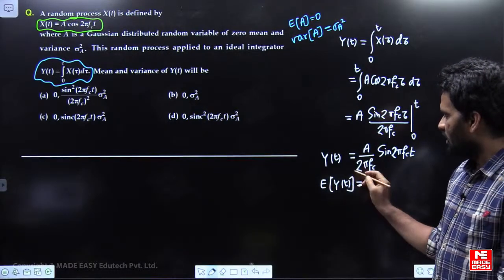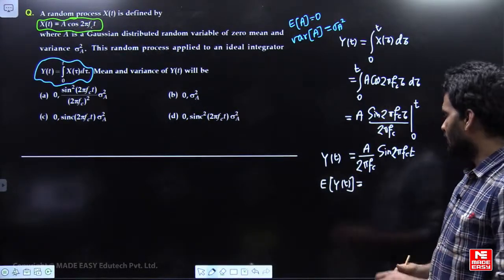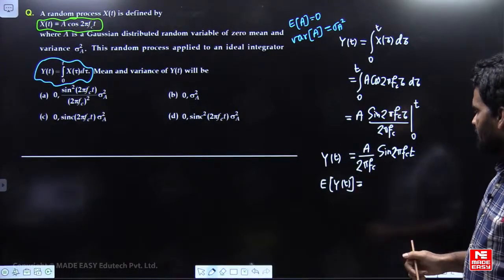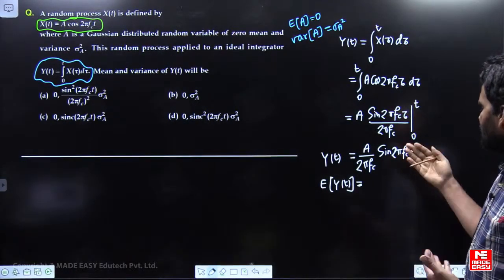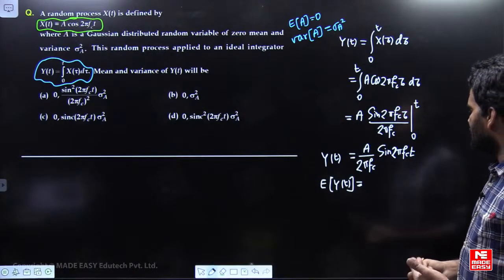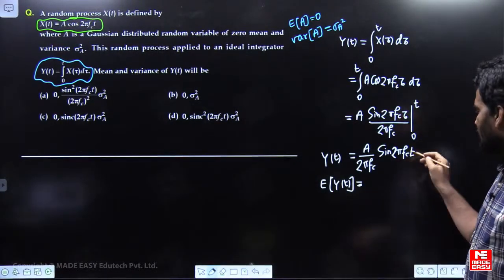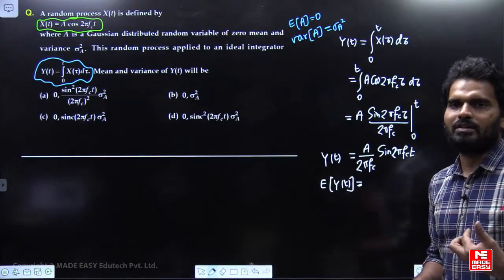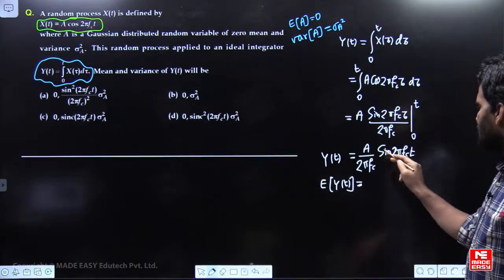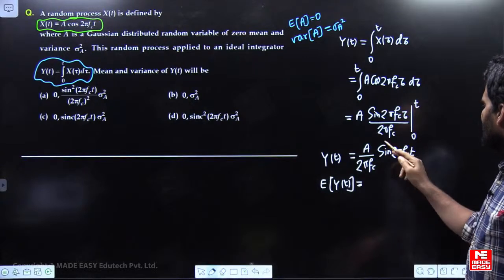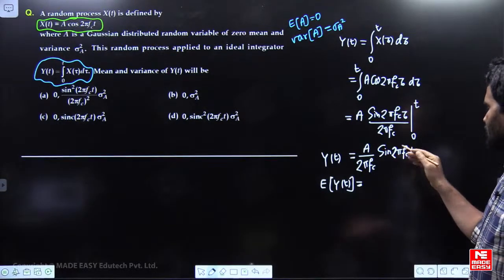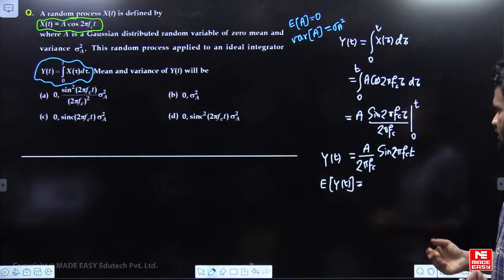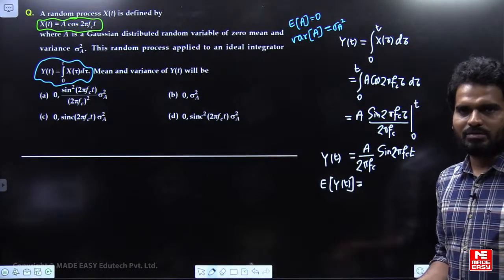At the given t value, we can determine the value of sine 2 pi f_c t. So it is a deterministic quantity. In sine 2 pi f_c t there is nothing random here. Expectation of a deterministic quantity will be the same deterministic quantity.